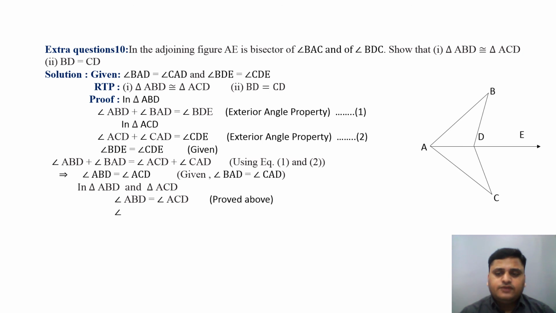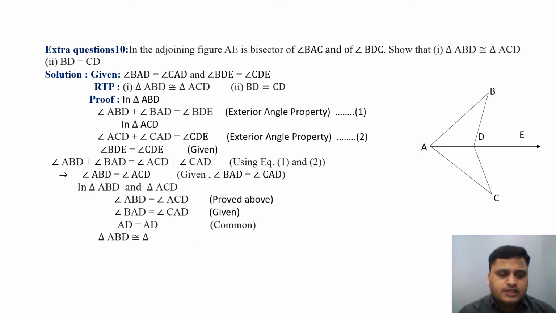Then we will write AD is equal to AD, that is the common part of these two triangles. So triangle ABD is congruent to triangle ACD by which criterion? Angle, angle, side. And if the triangles become congruent, then by CPCT we can say that BD is equal to CD. So BD is equal to CD by CPCT.